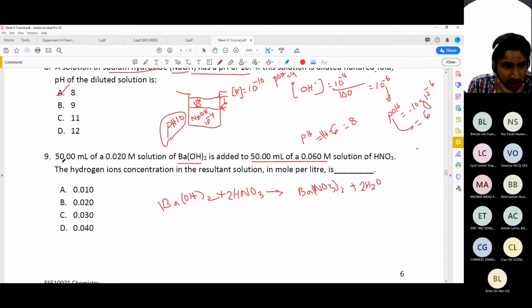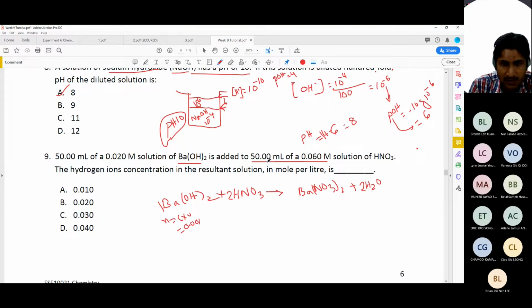So first of all, how many moles of barium hydroxide do we have? 50 milliliter of 0.02 molar. n equals C into V again, right? From there, we will see that the barium hydroxide that we have is 0.05 times 0.02, which is equal to 0.001 number of moles.